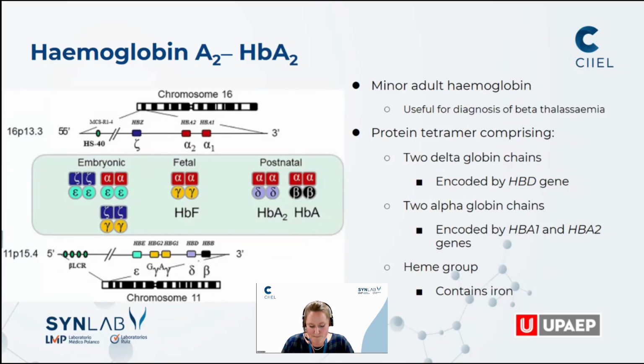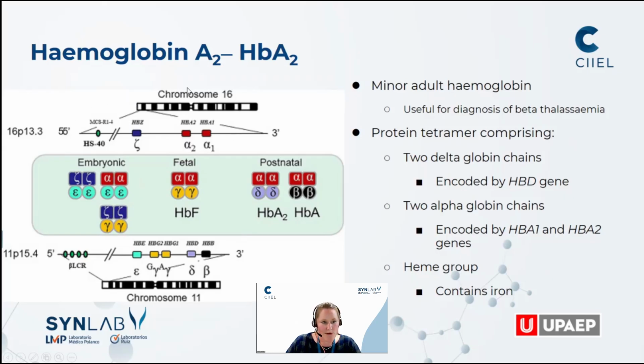Now, it's also a tetramer, but instead of beta globin, there are delta globin chains, so HBD, and that's also with your two hemoglobin A genes. Now, you can see here in this diagram the two gene clusters which encode these.